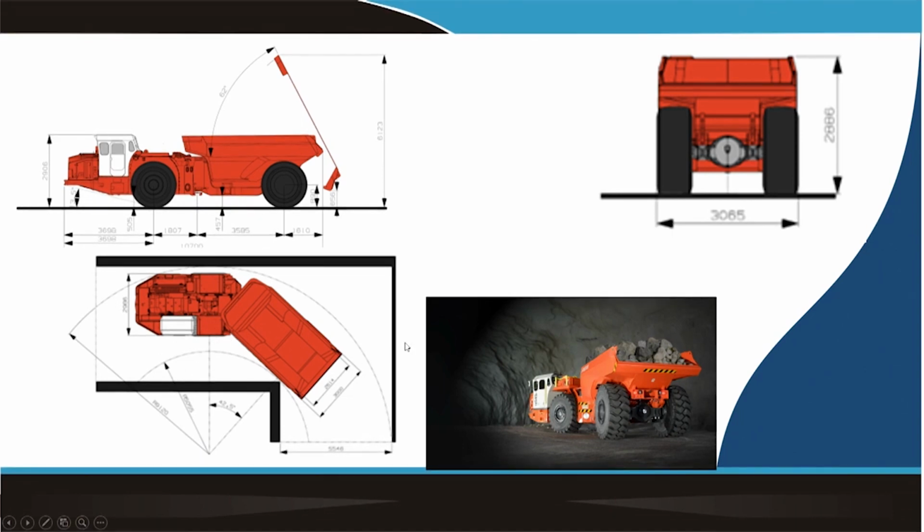And then from the machine dimensions you can find out the design for your mining requirement, but many times the geomining conditions are the main constraint. For that constraint, you will have to take these dimensions and check in the design.